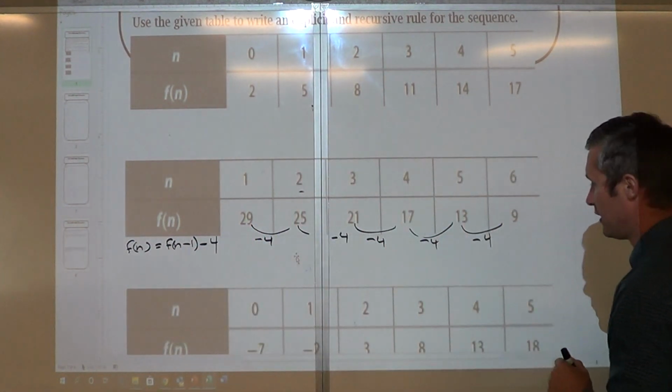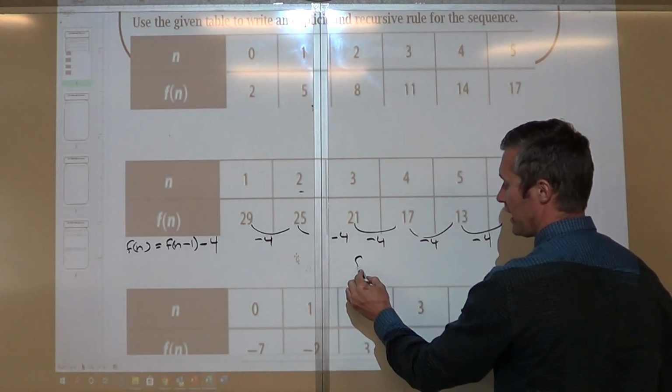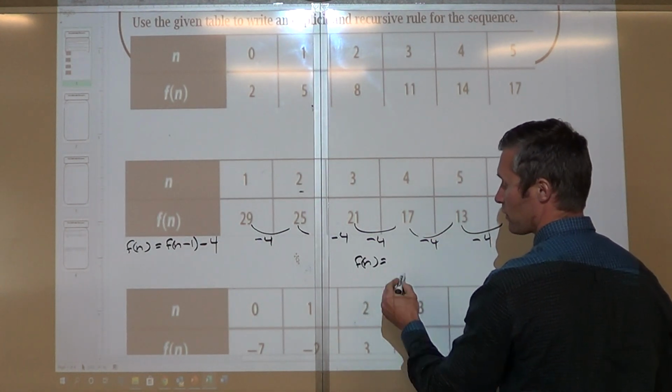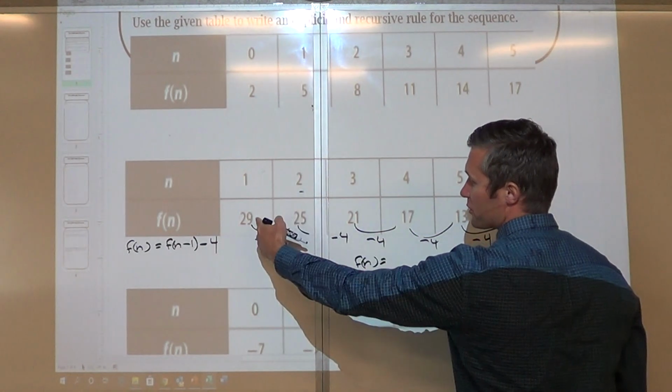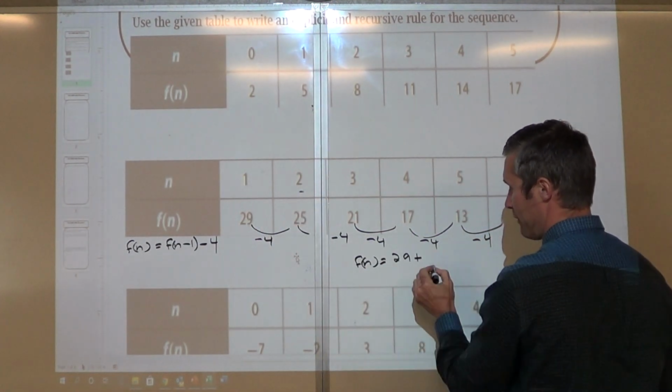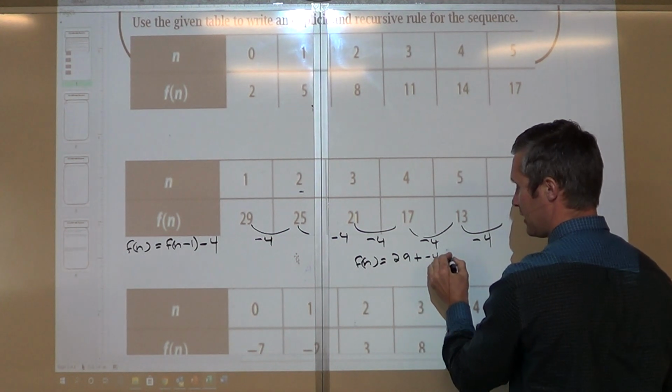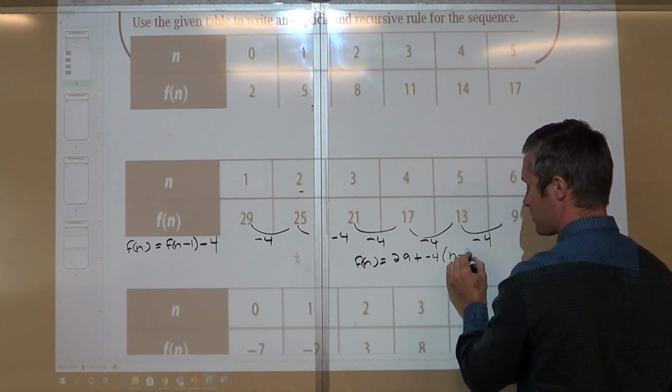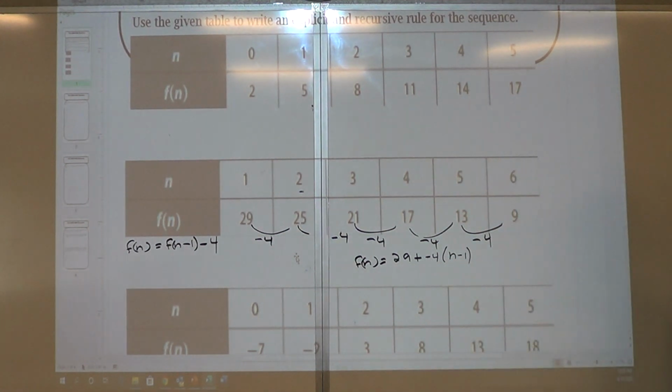That's it. The explicit formula says f of n equals my first term, which is 29, plus negative 4 times n minus 1. And there you have your recursive and explicit formulas. Look at the last pattern.